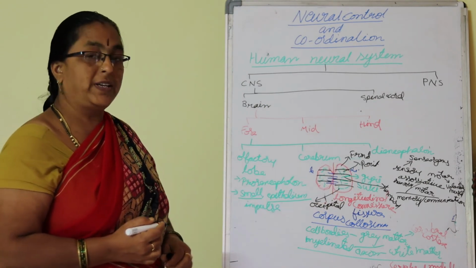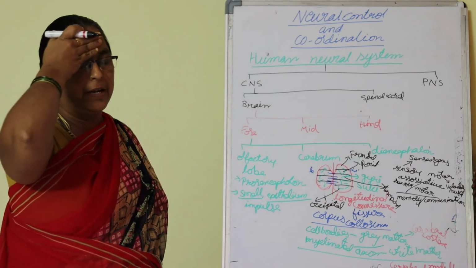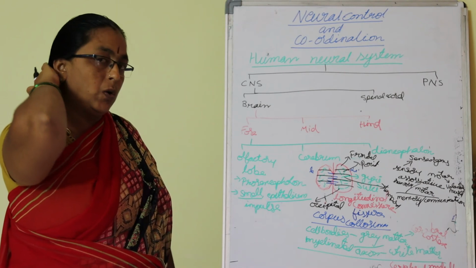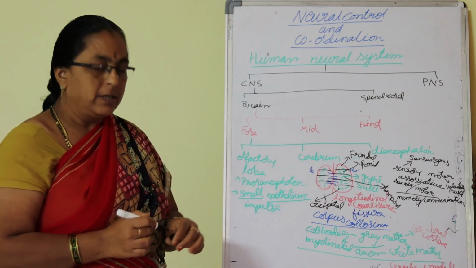So the first one is frontal, which is the front side, then parietal, temporal and occipital. Like this, four lobes are divided in the cerebrum.